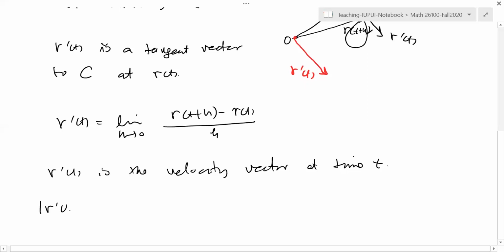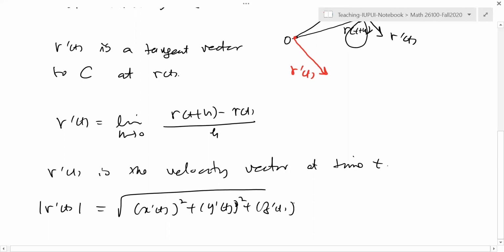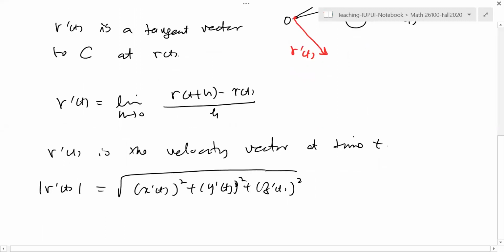In general, the length is the square root of x'(t)^2 + y'(t)^2 + z'(t)^2, and this is not necessarily constant. If r'(t) is called the velocity vector, then the length of the velocity vector is also called the speed.